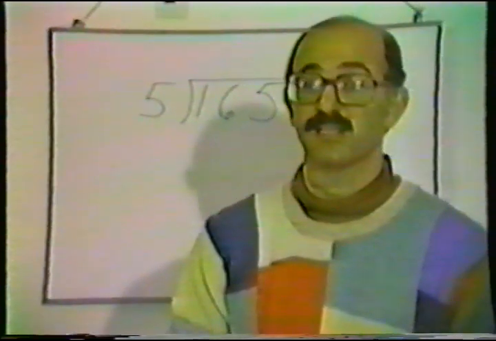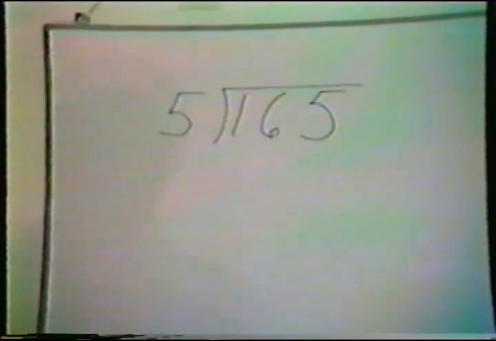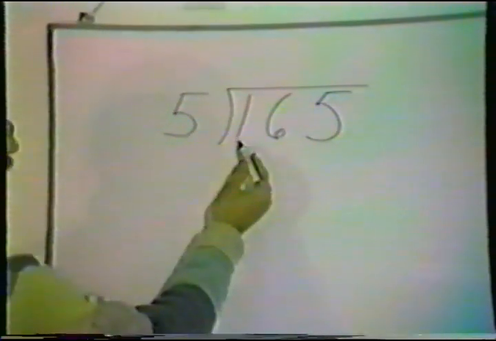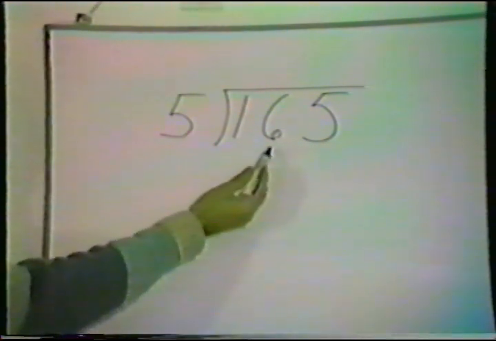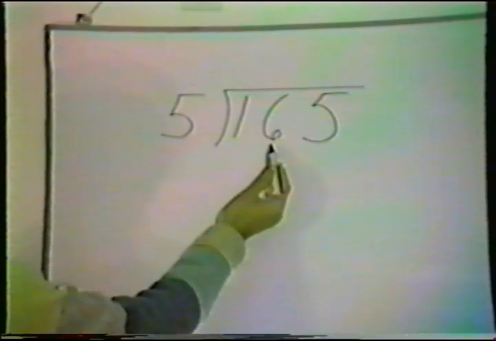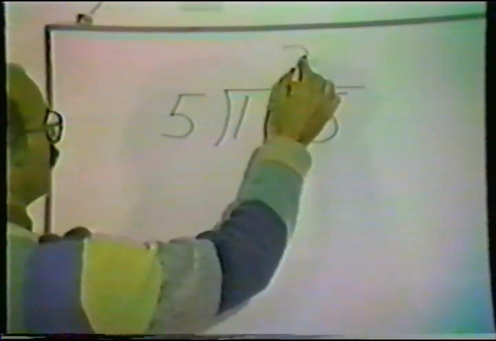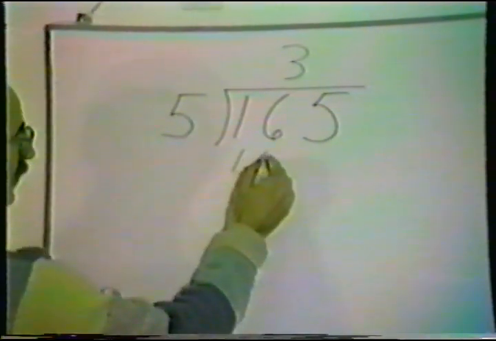And now we're ready to divide decimals. Let's begin just by doing this division problem. 5 into 165. 5 into 16 goes how many times? 3 times. 3 times 5 is? 15.